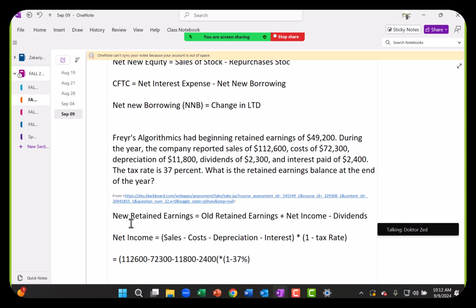Since OneNote has a built-in inline calculator, oh, of course, when you do not put the parentheses correctly, it doesn't work.